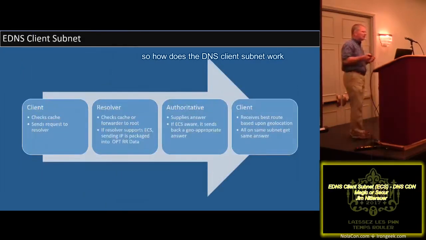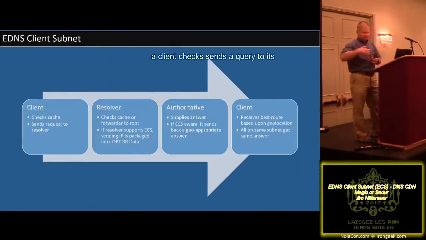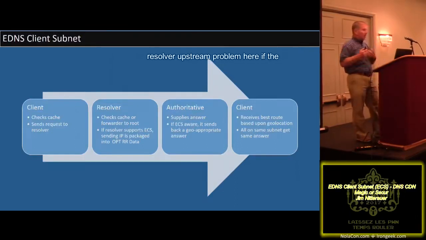So, how does EDNS client subnet work when a query is being resolved? Normally, a client sends a query to its resolving server. It has a cache. It checks the cache, returns the result if it's there. Otherwise, it forwards it on to the next resolver upstream.